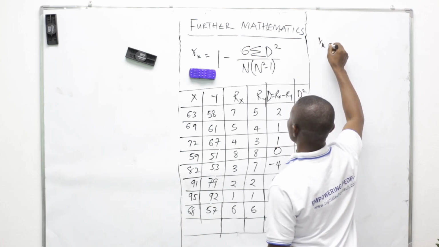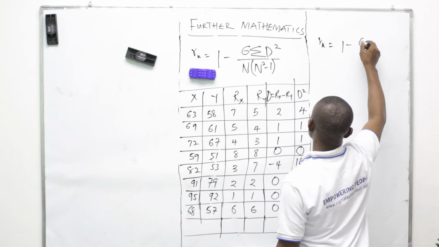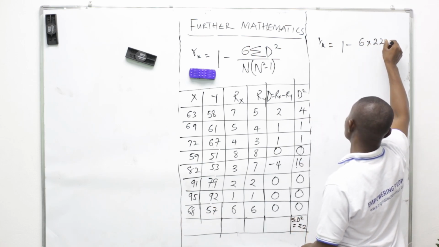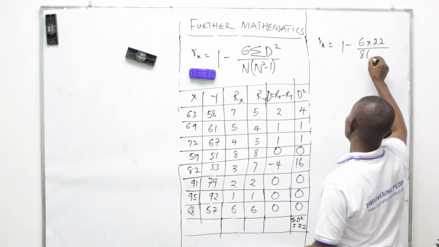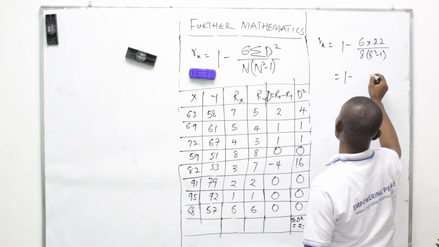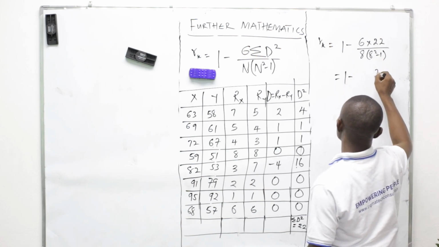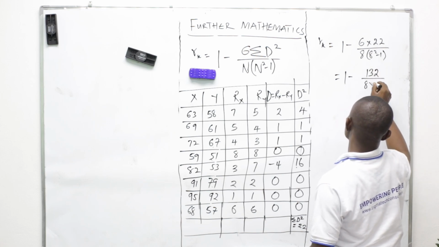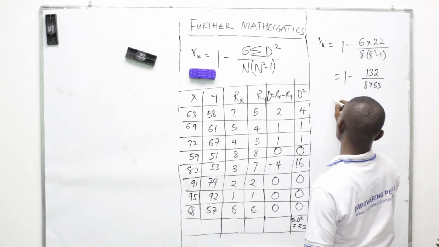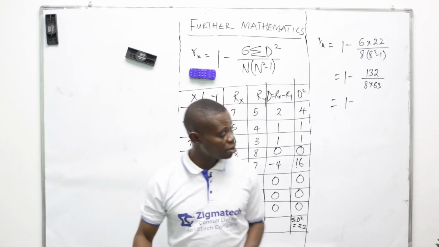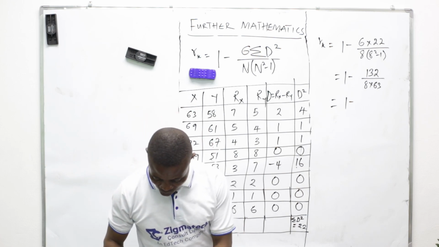R equals 1 minus 6 times summation, that is 22, all over 8 into 8 square minus 1, to give us 1 minus 132 all over 8 times 63.